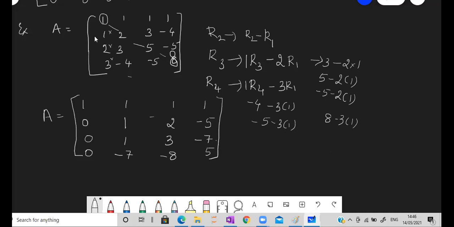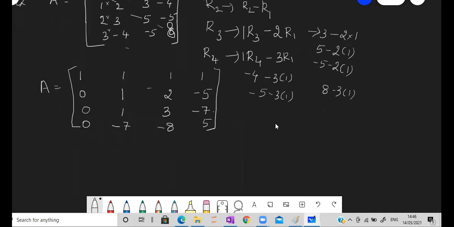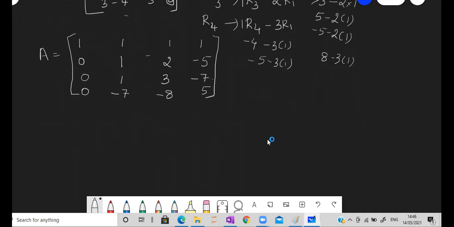Tell me what is the next diagonal element? This 1. The next diagonal element is this one. With the help of this one, we have to reduce these two elements to 0. So the operation for R3: both elements in R3 are the same as in R2, so R3 minus R2.